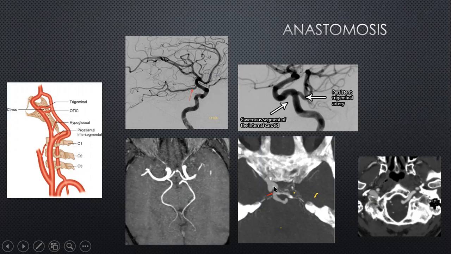Remember, this is from the cavernous portion of the internal carotid artery to the basilar artery, whilst here this is the supraclinoid portion of the carotid, which gives rise to the PCOM. So that's a PCOM on this supraclinoid part of the internal carotid artery, while the persistent trigeminal is much more proximal, from the cavernous portion.